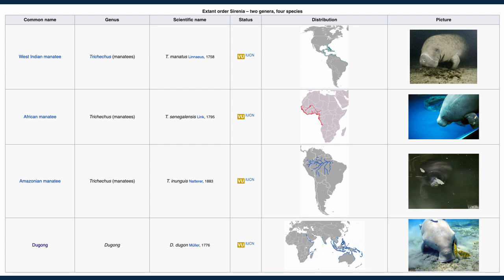took to the oceans and made a new home there. And especially in the Atlantic regions, we have three different species of manatee: the West Indian, the African, and the Amazonian manatee. And then in the Indo-Pacific, we have the dugong. And for all intents and purposes, these things look exactly alike. They're all the same thing from a biological perspective, yet they are different species. And they are different species because they are tied to these coastal waters.